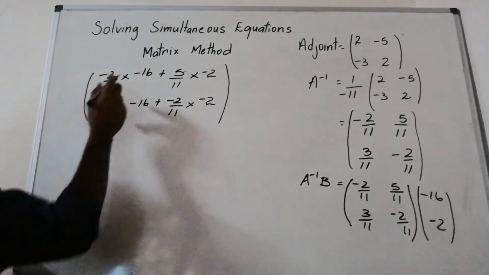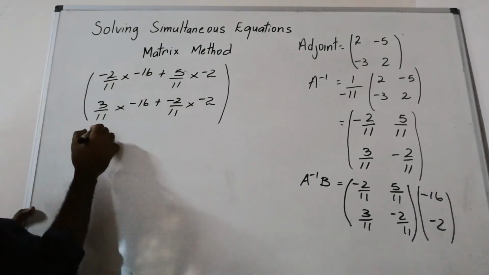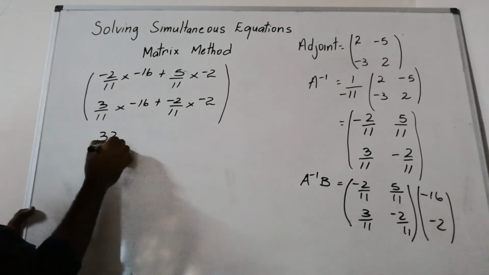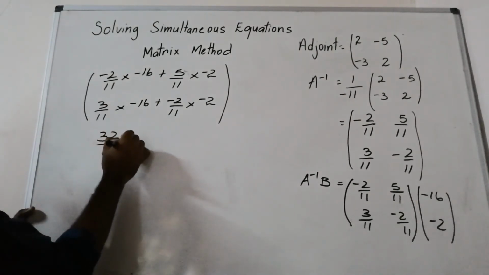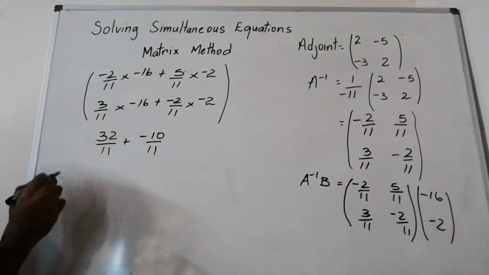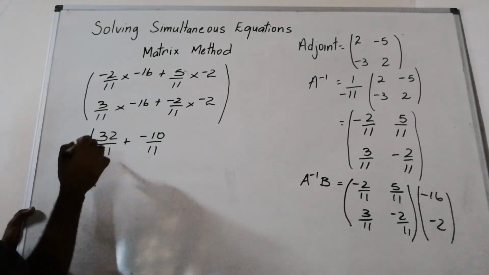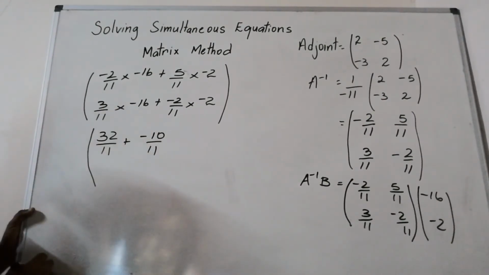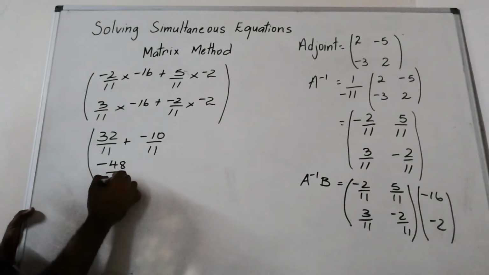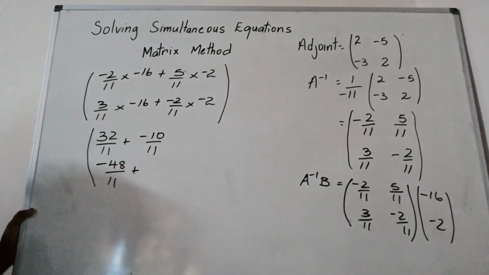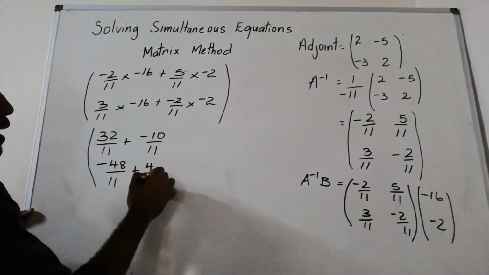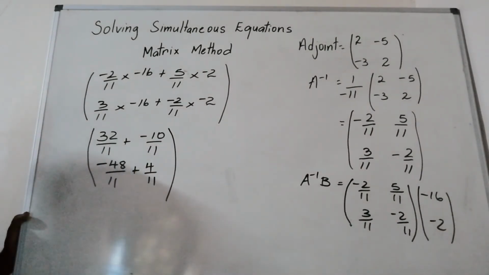That gives us negative 2 times negative 16 gives us 32 over 11 plus negative 10 over 11, and 3 times negative 16 gives us minus 48 over 11 plus 4 over 11. All right, and we will simplify that.